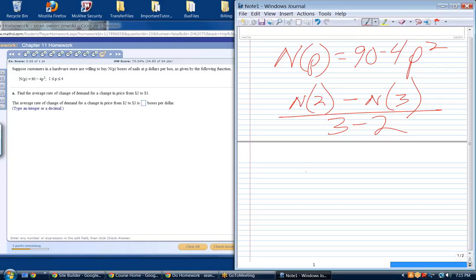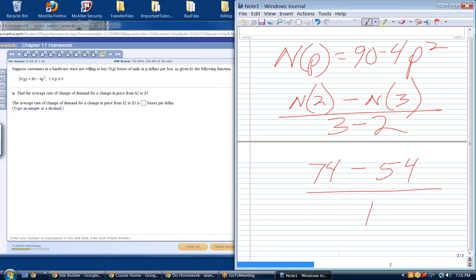So that's 90 minus 16, which is 74. Do I have that right? You better check my math here if you have a calculator handy. And then what is n of 3? 90 minus 4 times 3 squared. So that's 90 minus 36, which is 54. All over 1. So the average rate of change is 20.